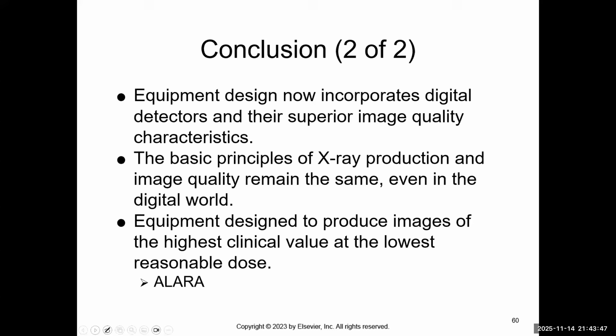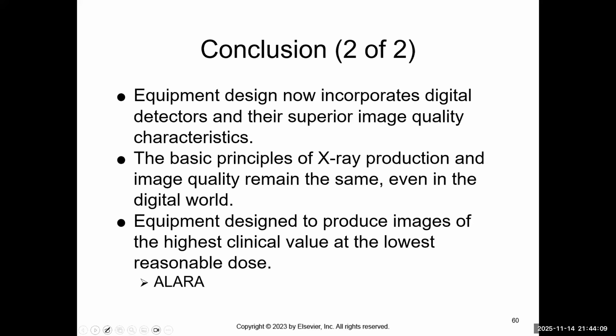And then the last slide of the chapter, still in that same realm, but with our digital equipment, it makes for not only better images than we used to get back in the film screen days, the equipment also provides us more efficiency.